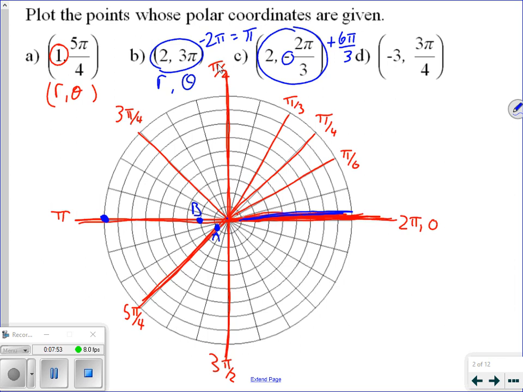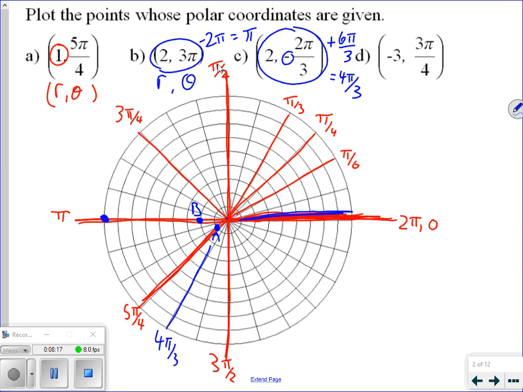So for instance, negative 2 pi over 3 is the same thing as, what would that be, 4 pi over 3? Okay. So it's going to the same spot as 4 pi over 3, which, if you count around the circle, would be right here.